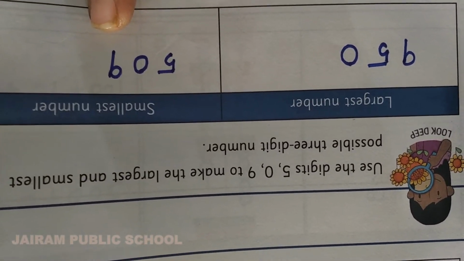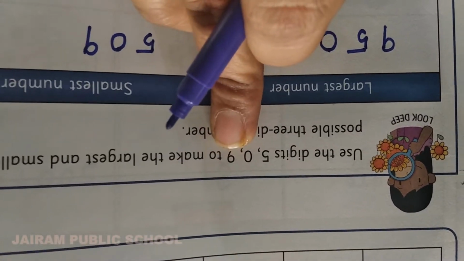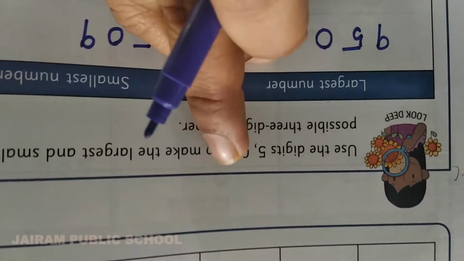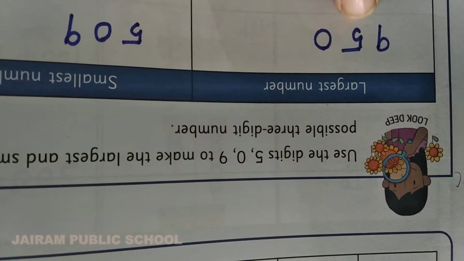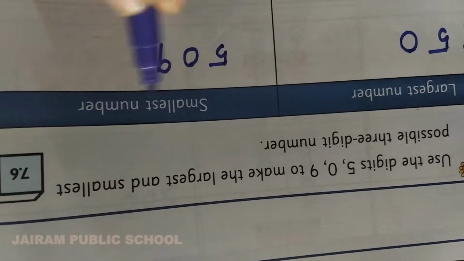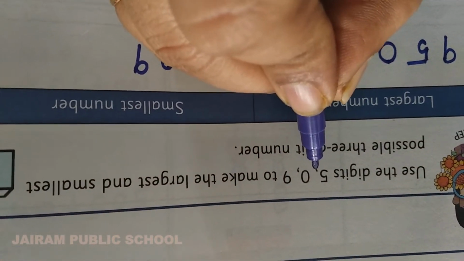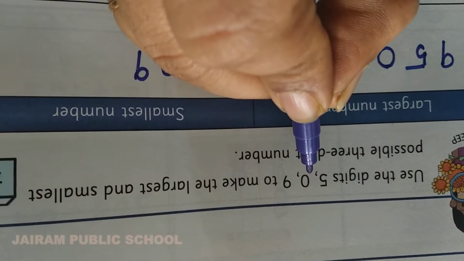Have you understood, Kanna? See, while writing the largest number, you want to start from the largest number. After that, which is the largest one you want to write, and at the last you want to write the smallest number. And while writing the smallest number, you have to write the number which is small first.